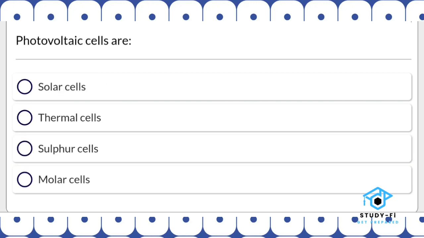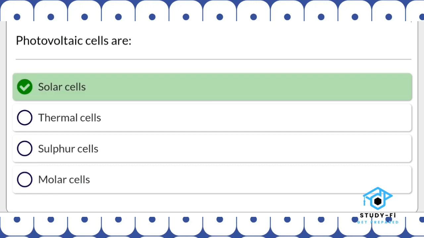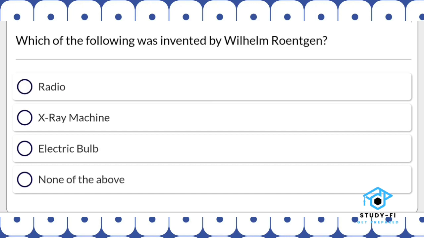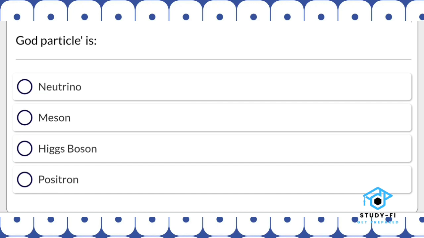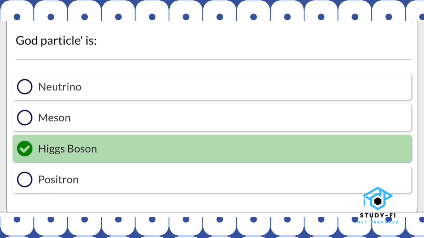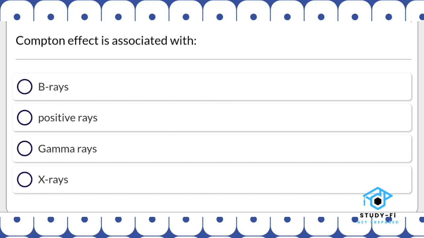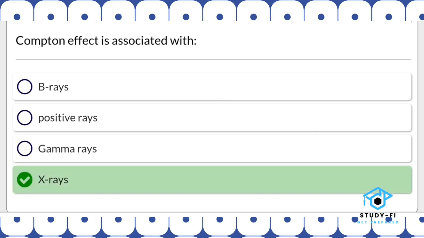Photovoltaic cells are solar cells. Which of the following was invented by Wilhelm Röntgen? X-ray machine. God particle is Higgs boson. Compton effect is associated with X-rays.